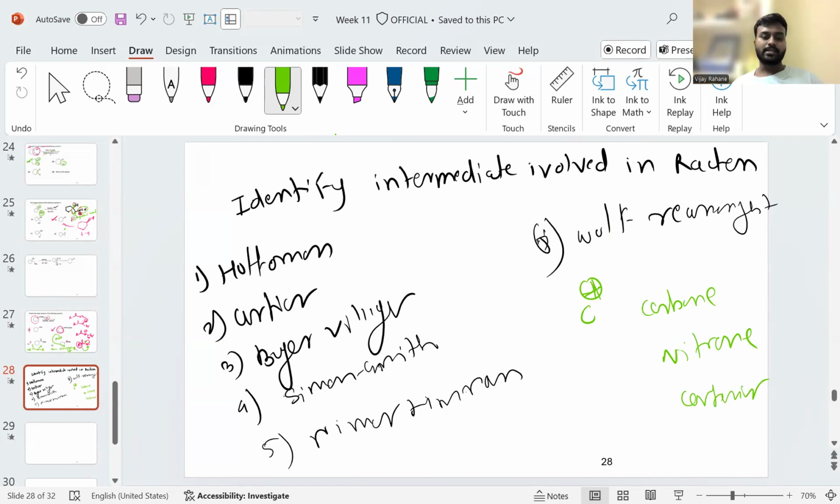So identify which intermediates are involved in each reaction. This is the assignment for you. I will take one more question before closing the session.